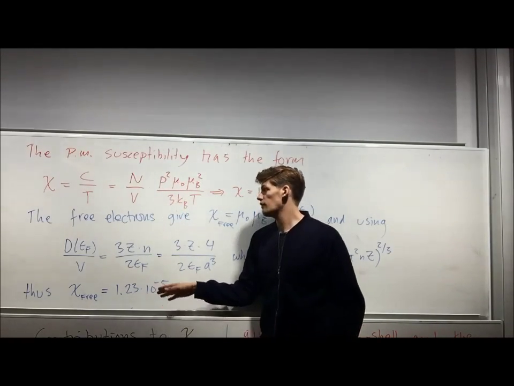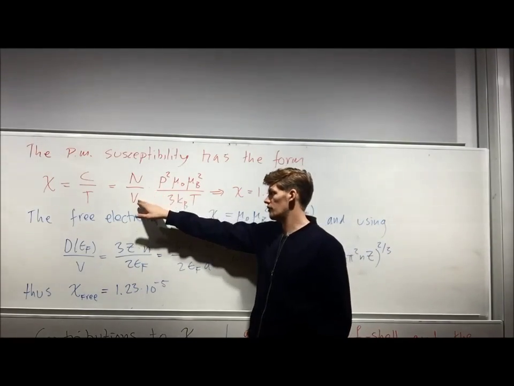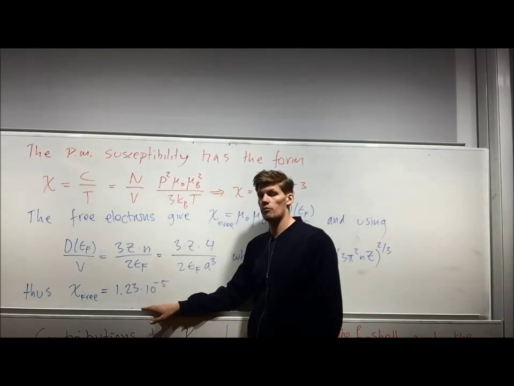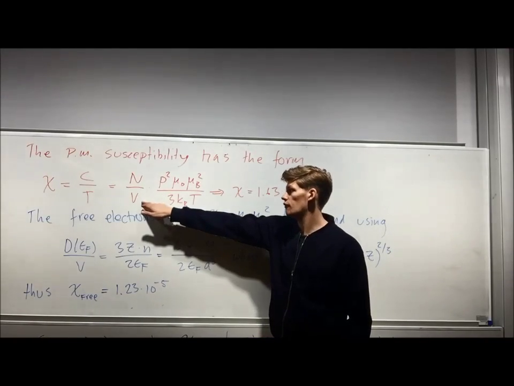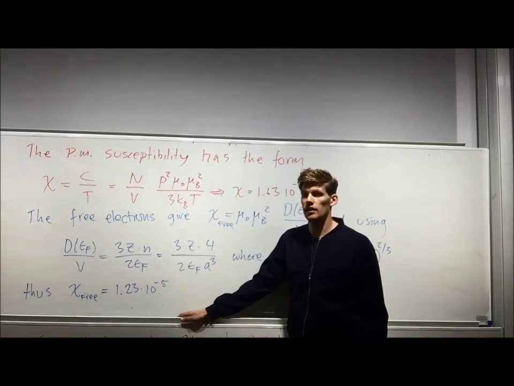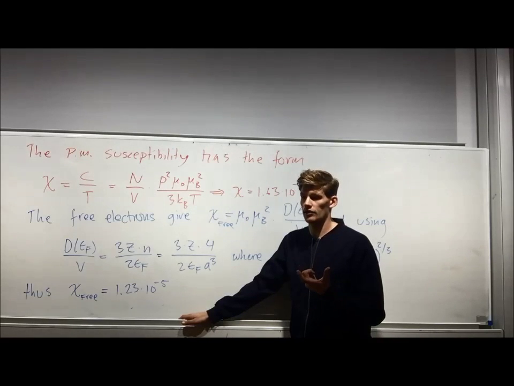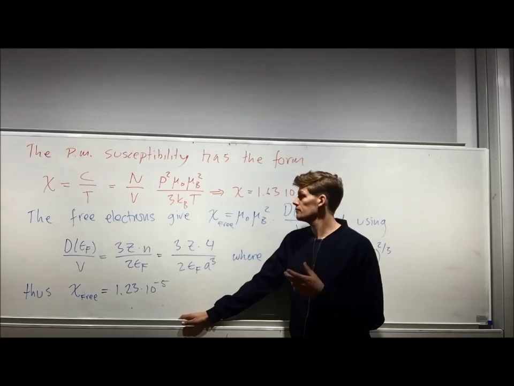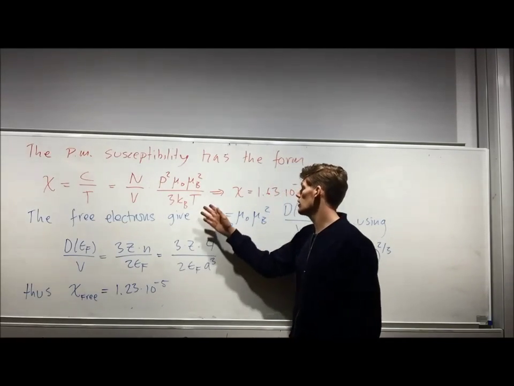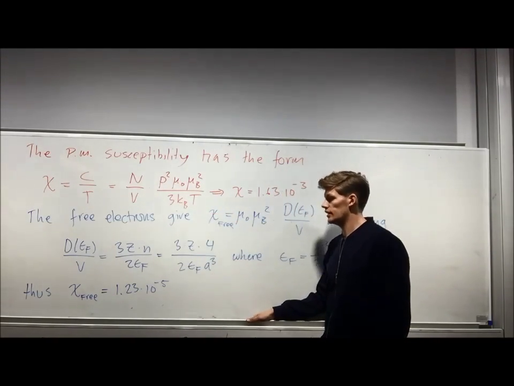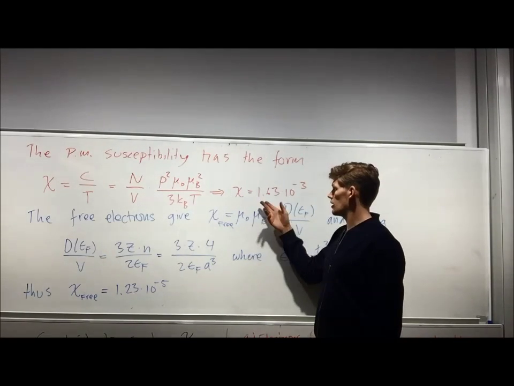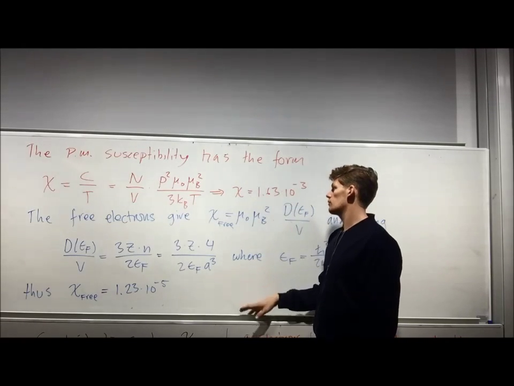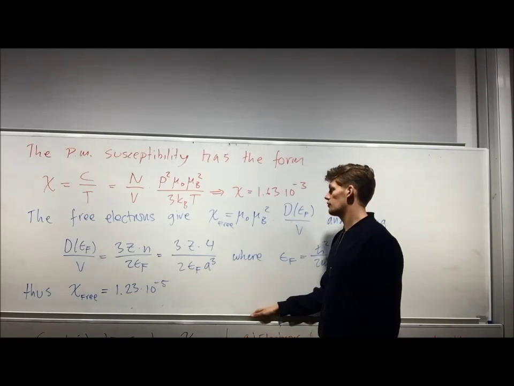And basically putting in the values, where N over V is given, since N over V is 4 divided by A cubed, right? 4 atoms per cubic cell. So you put in the values for that, and the temperature in this case was 300 Kelvin, right? And you put in values for that, you get the magnetic susceptibility at 1.63 times 10 to the minus 3.